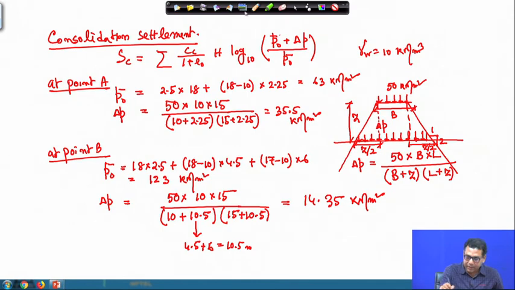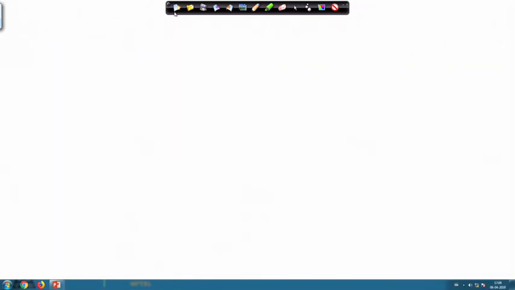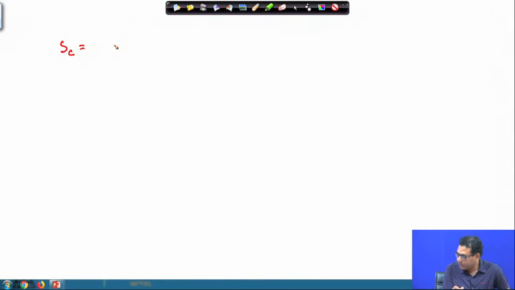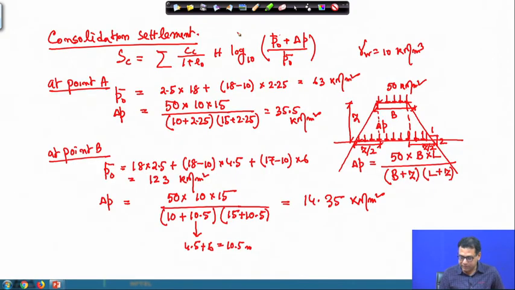So, once I get this value, then I will get the SC, which is the summation. So, CC by 1 plus E 0 for first layer thickness is 4.5, then into log 10, P 0 bar is 63 and 35.5.